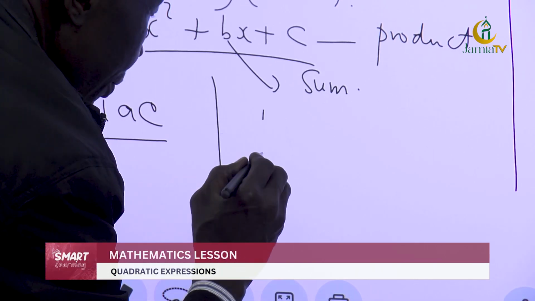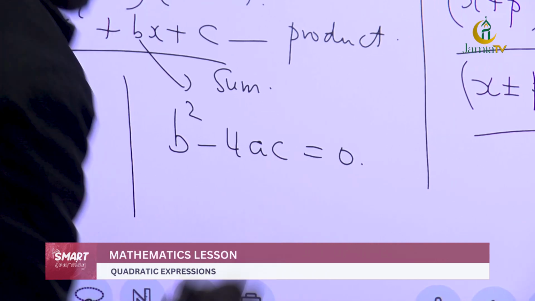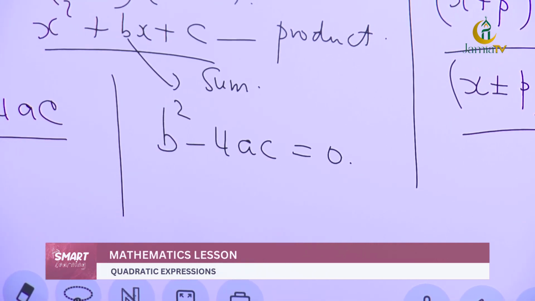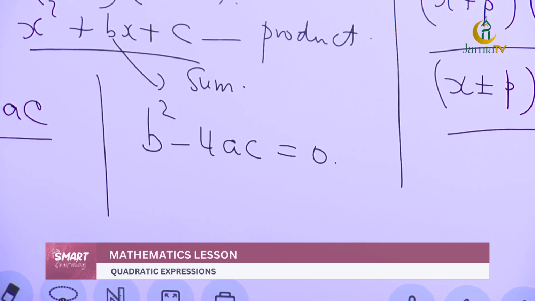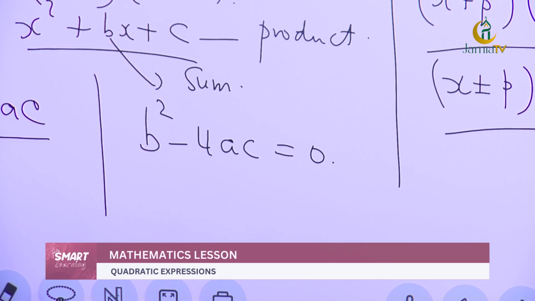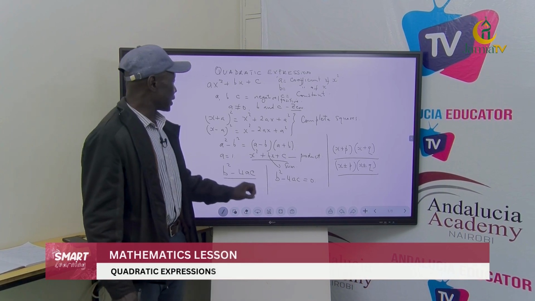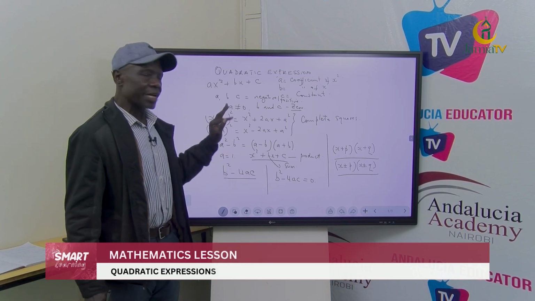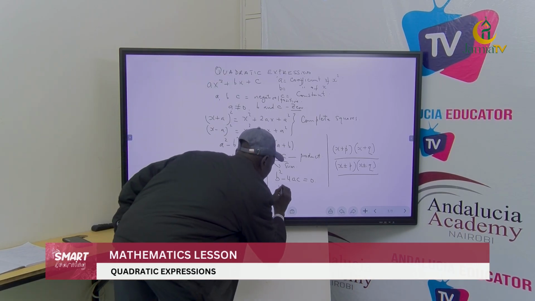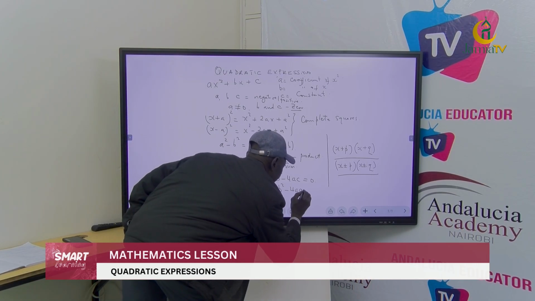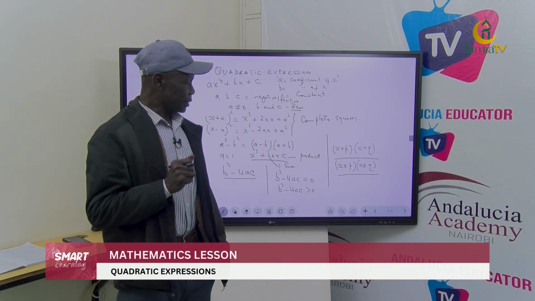If we find b squared minus 4ac is equal to 0, then we are going to have one factor which is repeating, because the maximum number of answers we can get for a quadratic expression is 2. So in this case, we get one factor which is repeating, and that gives us the two identities which are perfect squares.